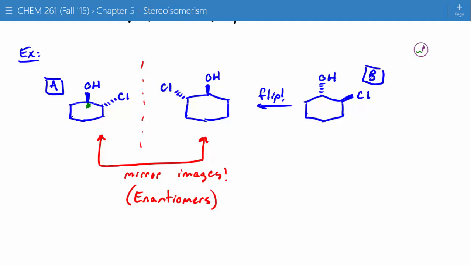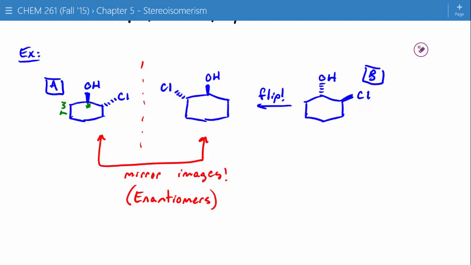I'm hearing a lot of R's, which is correct because if we go up, we label this oxygen 1, this carbon would be 2, this would be 3. So if we draw our line around, it's going clockwise or to the right. The lowest priority, that hydrogen, is sticking back into the page. So we're twisting to the right. It's going to be R.